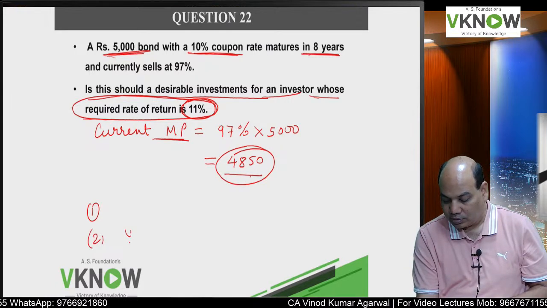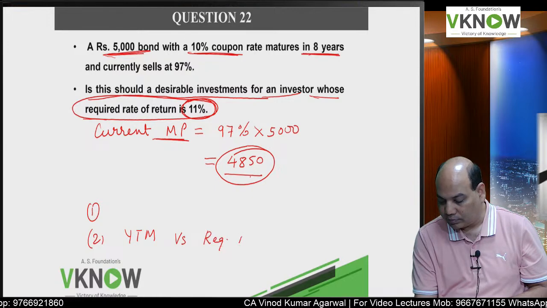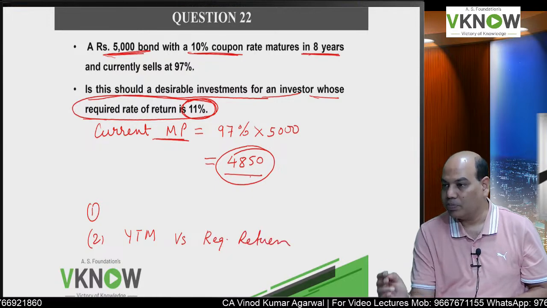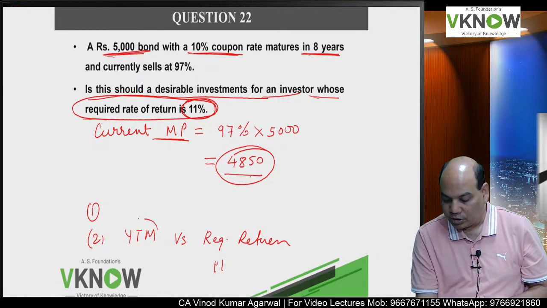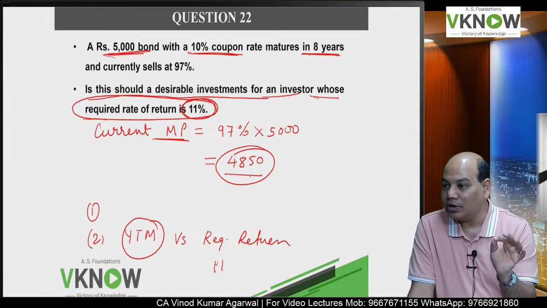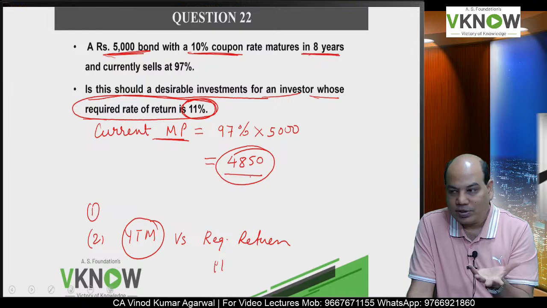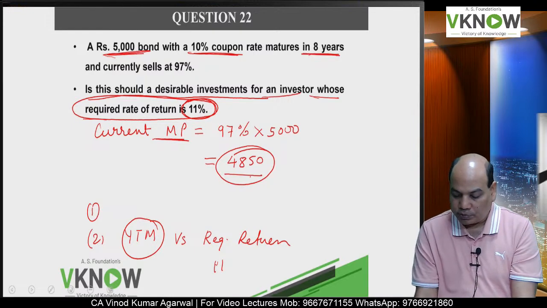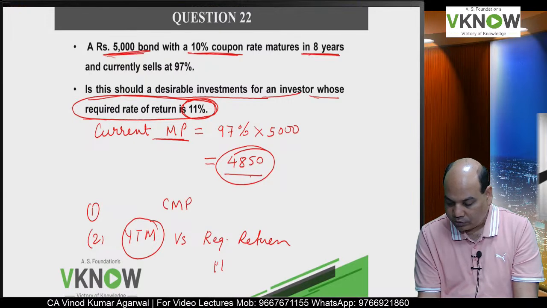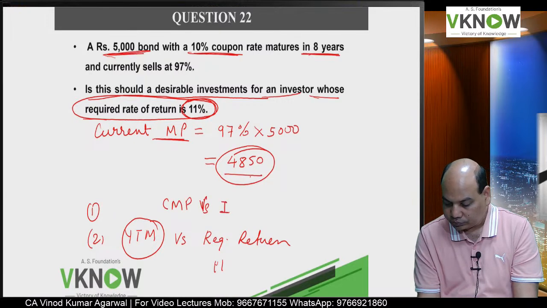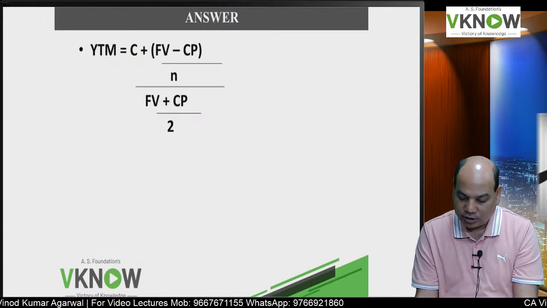Second method is compare YTM with required rate of return. Your required return is 11, but if the YTM is greater than 11, you will buy the bond. So one option is compare current market price versus intrinsic value. Second method is compare YTM and required return.